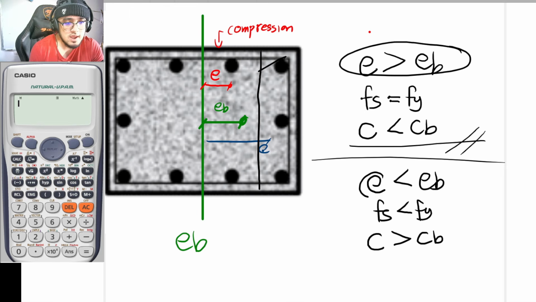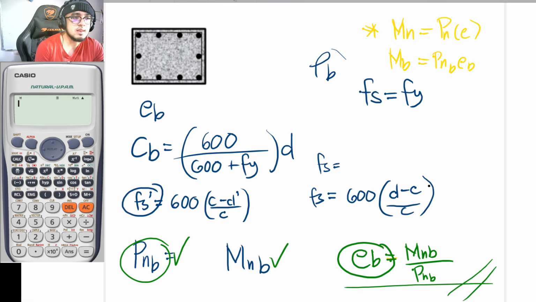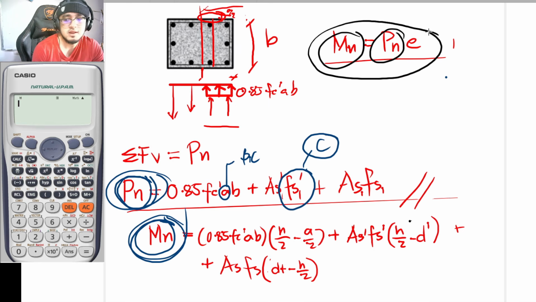Or let's say that your e is less than eb, your c must be greater than cb. So this is just the basis of your assumption. You will keep assuming until you arrive at this equation, or until you satisfy this condition. Okay, so that is it. I will be showing you a sample problem in the next video.